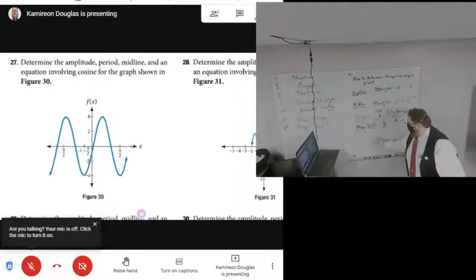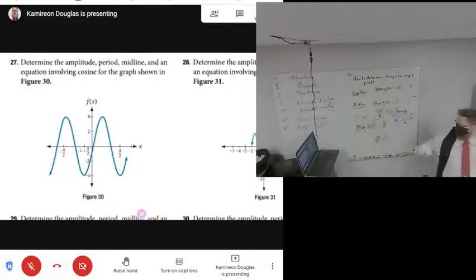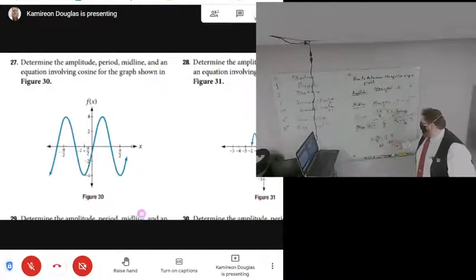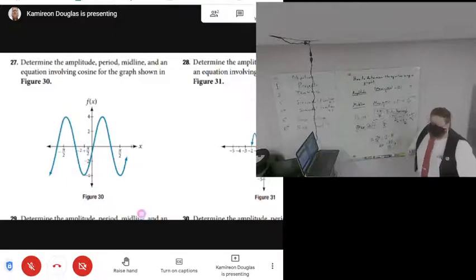I can solve that by taking 2 pi over b equal to 2, and then solve for b. I can do that by cross multiplying, or I multiply both sides by b. I end up with 2 pi equals 2b. Divide both sides by 2, I end up with b is equal to pi, which is really helpful if I want to write the equation because that gives my b value.